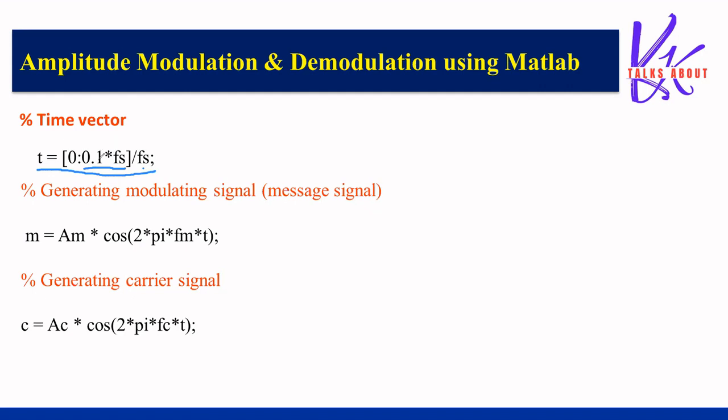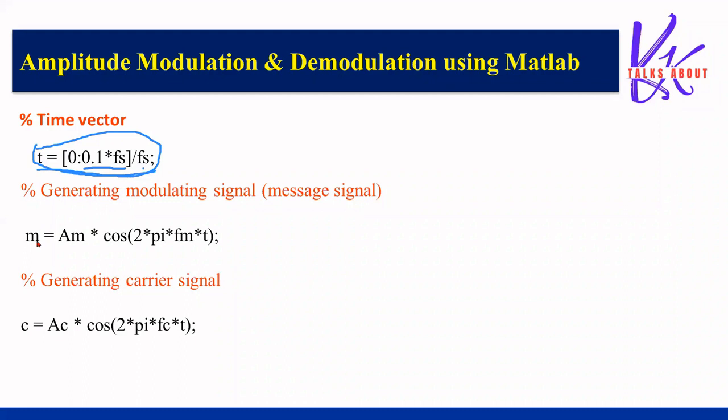Dividing by Fs scales the time vector by the sampling frequency, converting the time instances from sample indices into actual time values in seconds. So this is how we define the time vector.